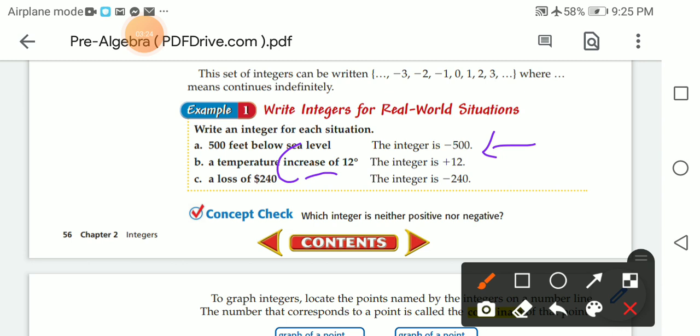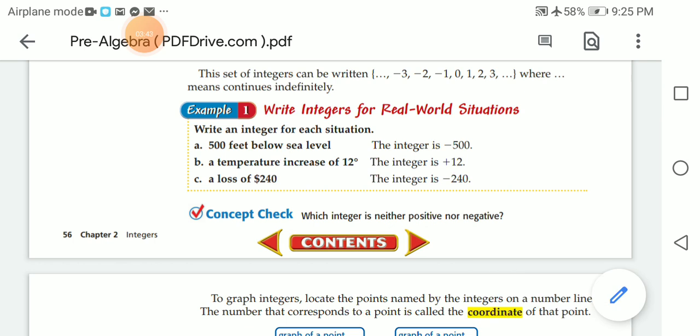Increase here means +12. A loss of $240. This integer is -240. Which integer here is neither positive nor negative? I can hear you, Ali. It's 0, right? So let's go.